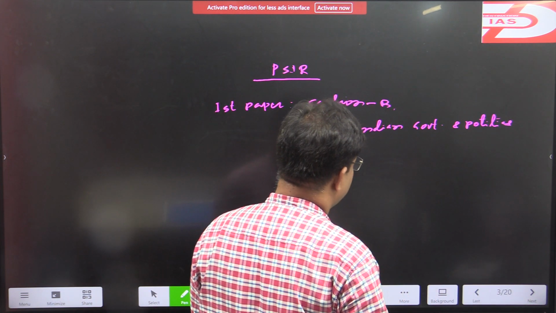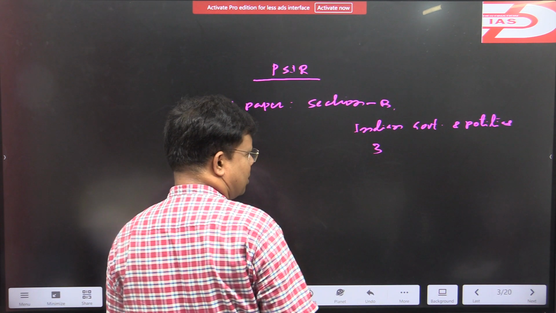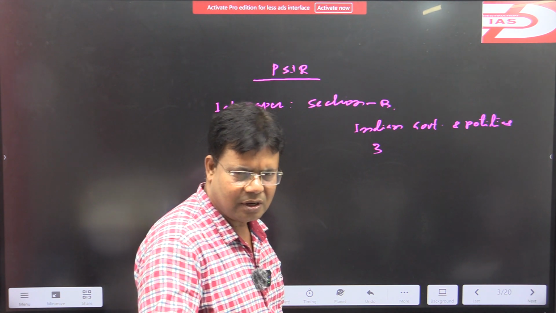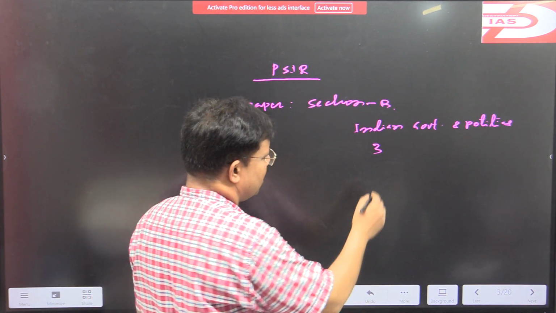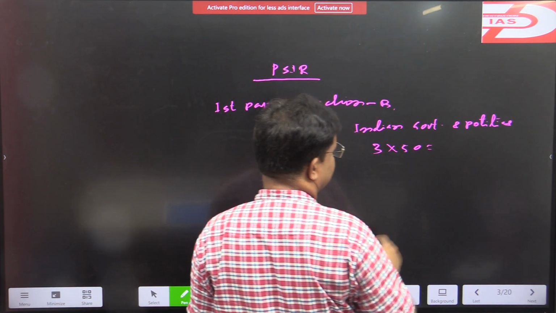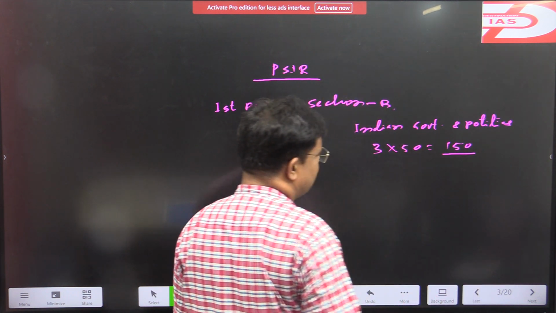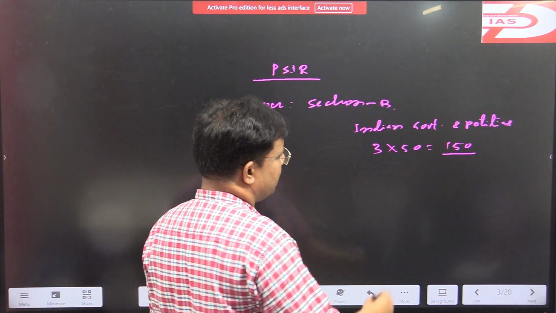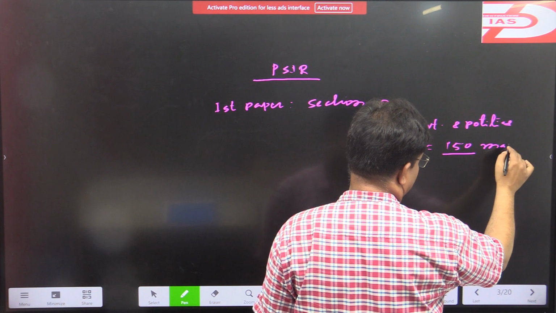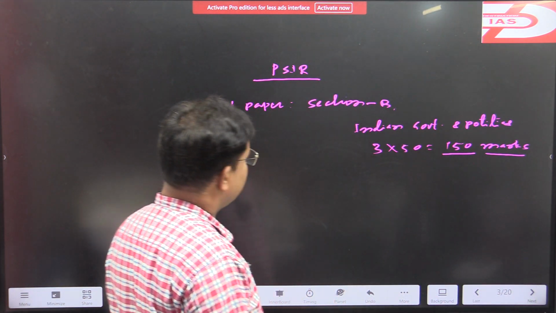At least three questions in this section related to Indian Constitution, Indian Government and Politics. 3 multiplied by 50 is equal to 150 marks of questions related to Indian Government and Politics in your political science.